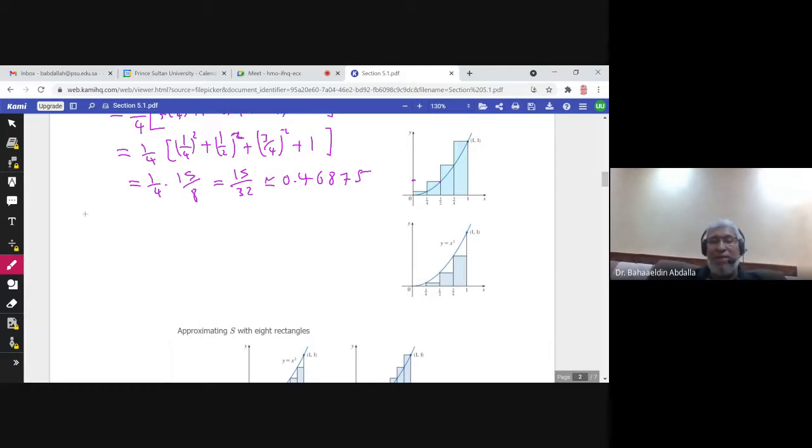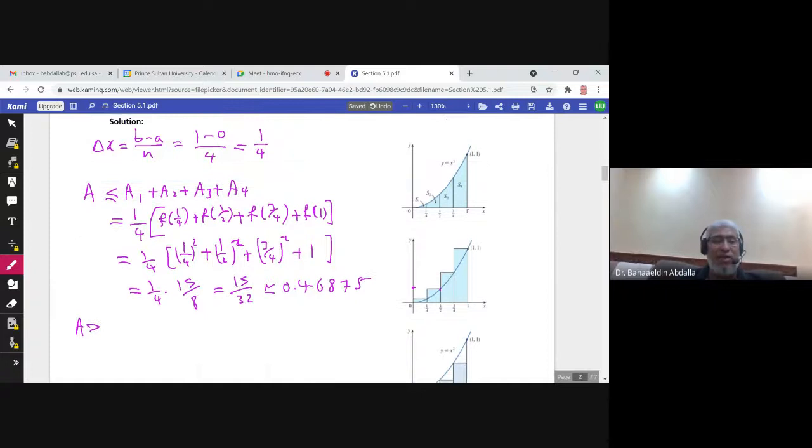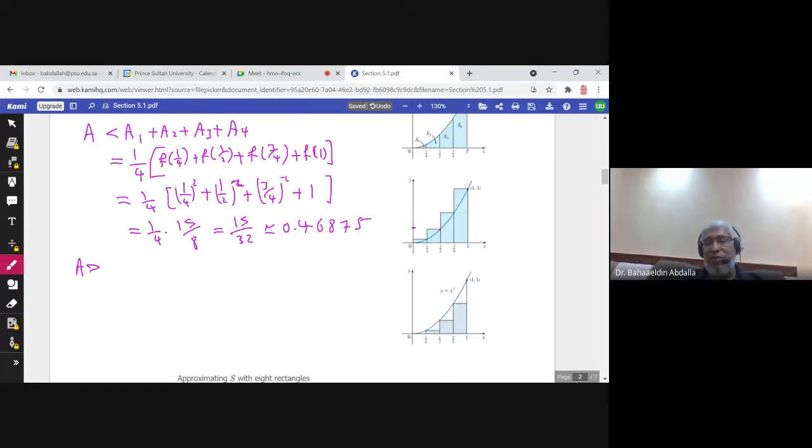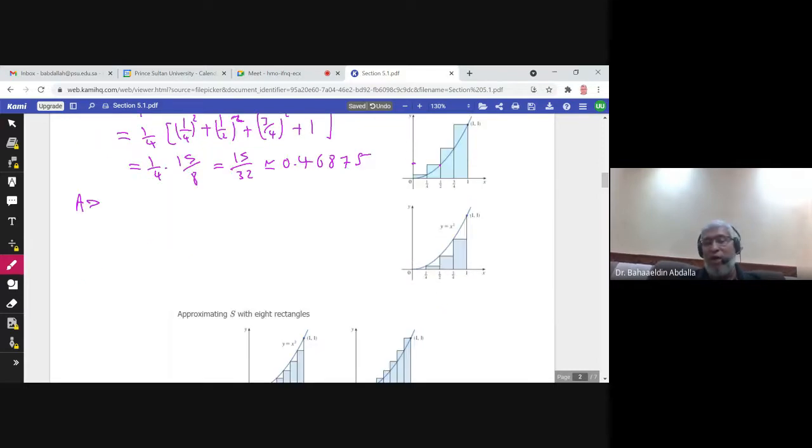In this case, we can see that the area of S is in fact greater than, okay? It is not less than or equal. Here it's less than because the rectangles are greater than the area, while here the rectangles are less than the area. So the area is greater than.